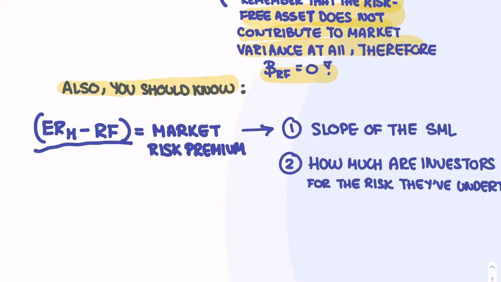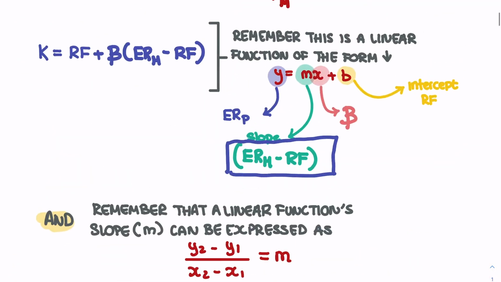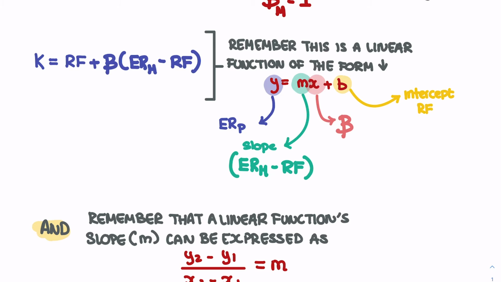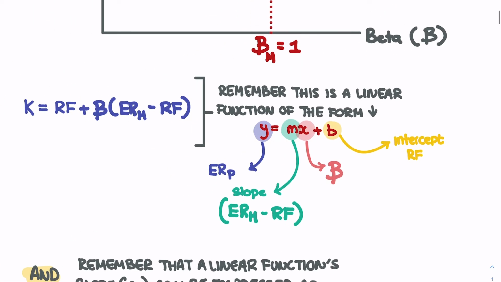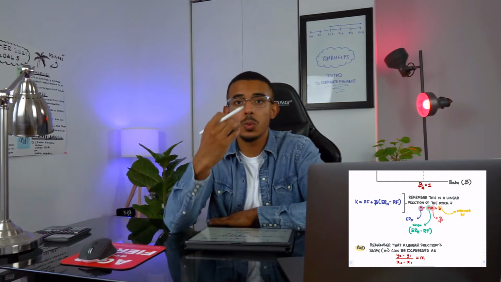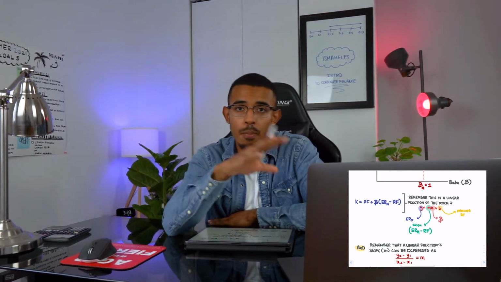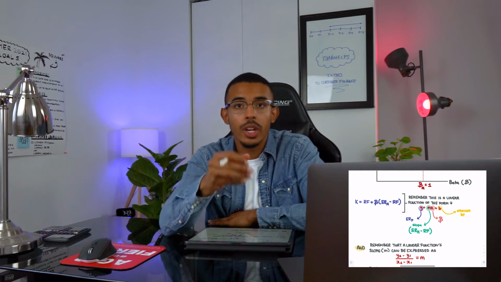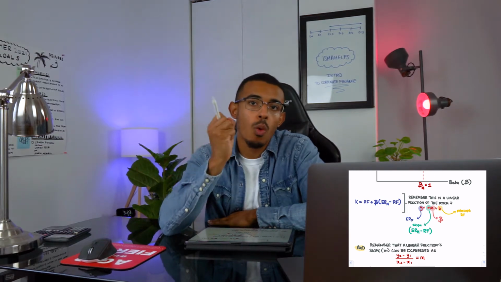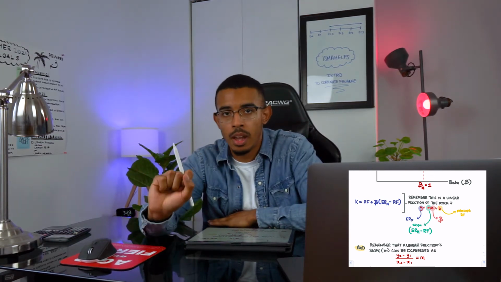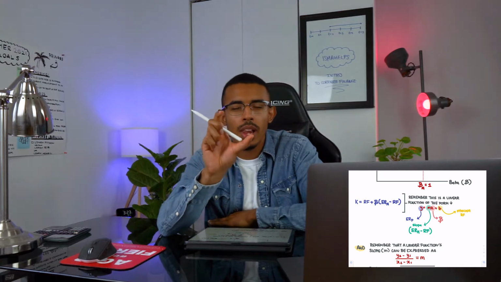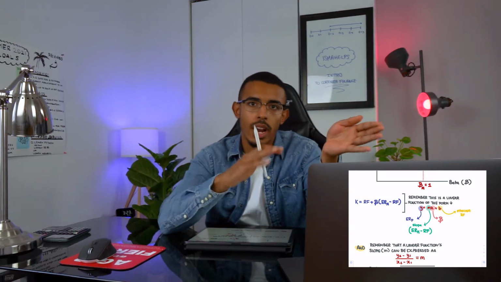Okay, and if you want a proof of why that's the case, you could see right here that because we know the SML line follows the same patterns as a linear function, it's going to take the form of y equals mx plus b. And we want to see how that actually translates to our SML.